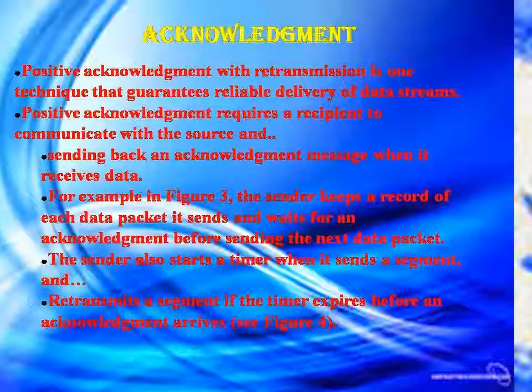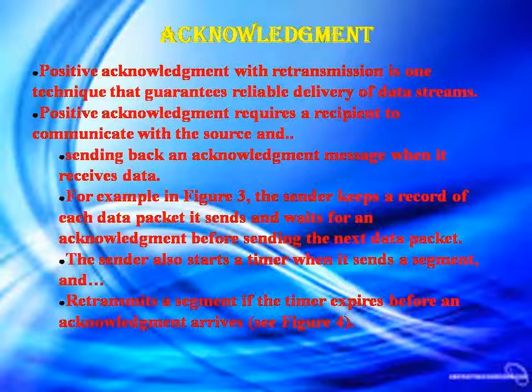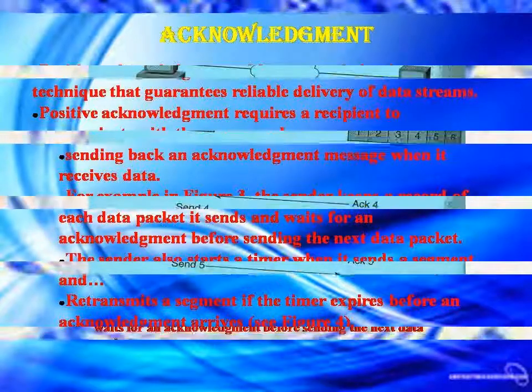Acknowledgement. Positive acknowledgement with retransmission is one technique that guarantees reliable delivery of data streams. Positive acknowledgement requires a recipient to communicate with the source, sending back an acknowledgement message when it receives data.